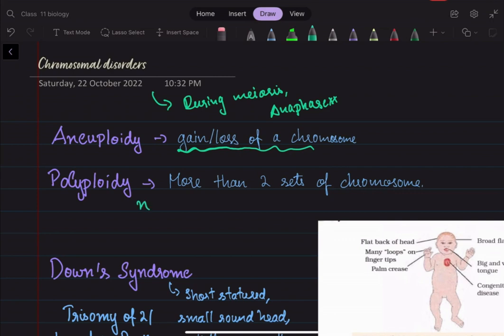We know N is haploid and 2N is called diploid, right? But when we see more than N or 2N, like 3N or 6N, etc., we refer to this condition as polyploidy. This is mainly seen in plants.